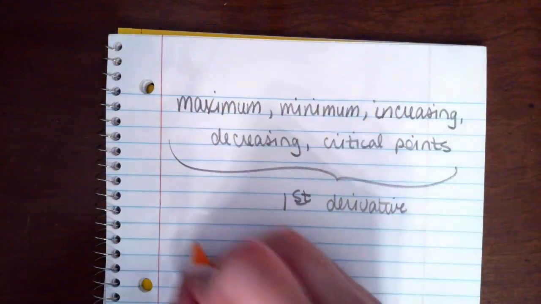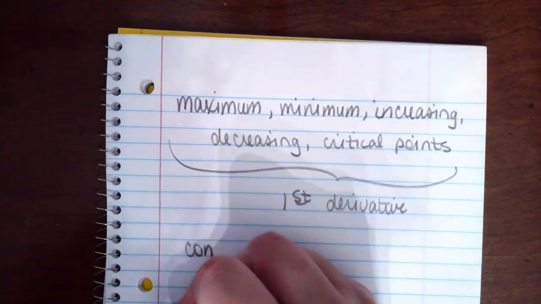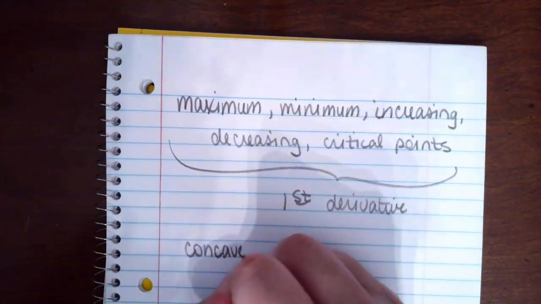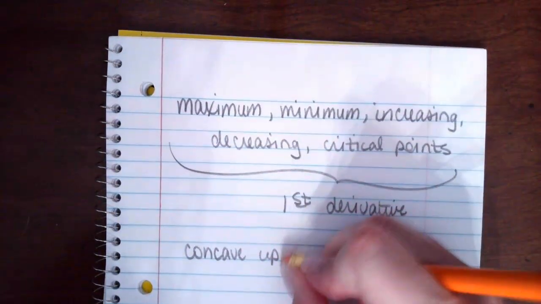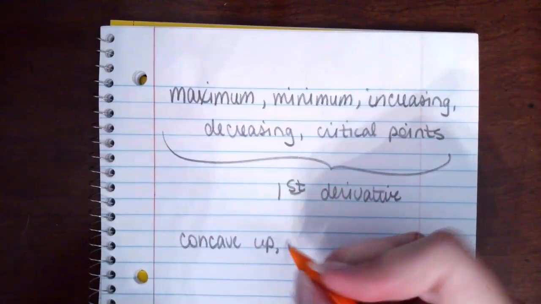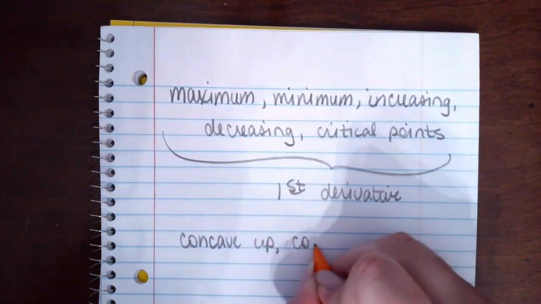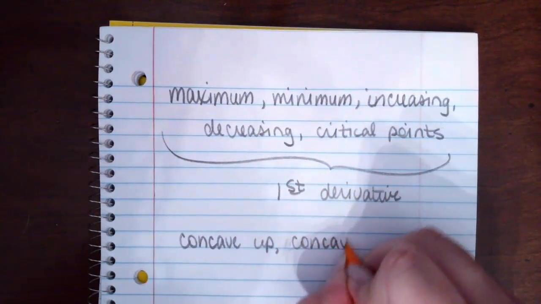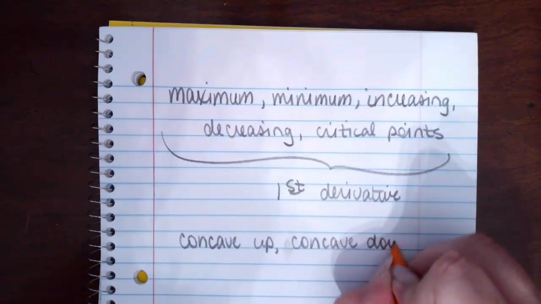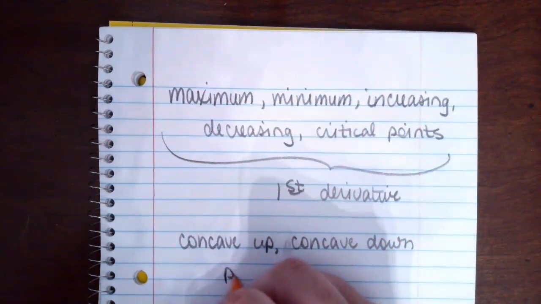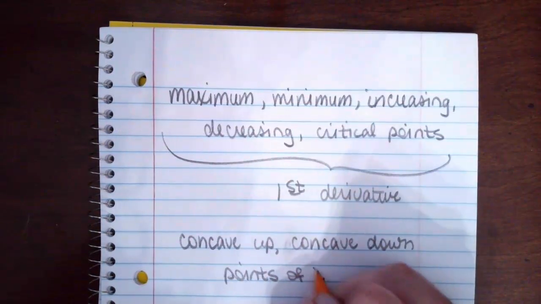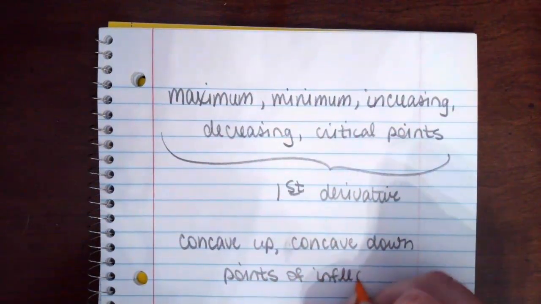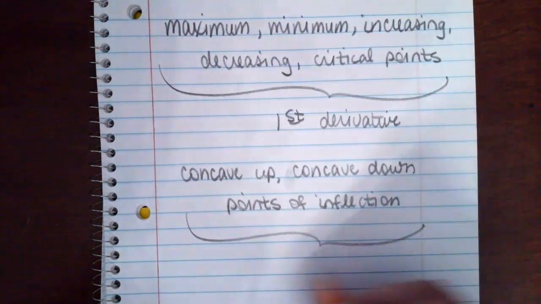If you see the words concave up, concave down, or points of inflection, that all tells you a second derivative.